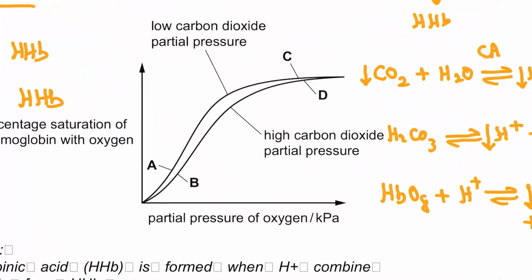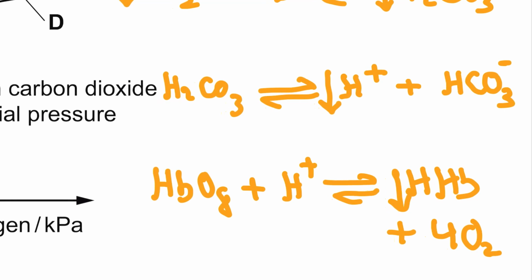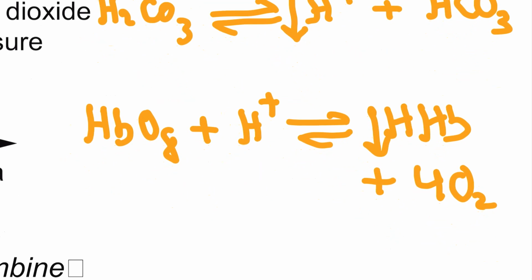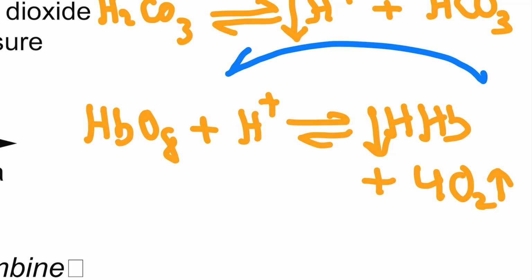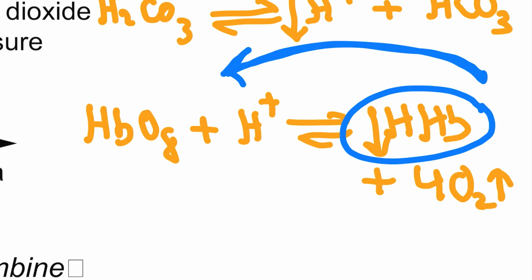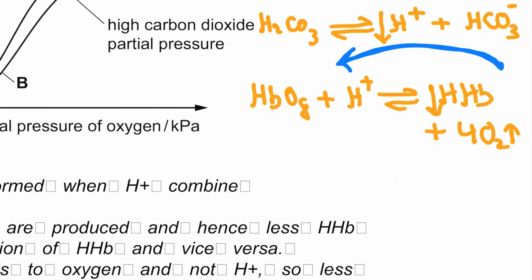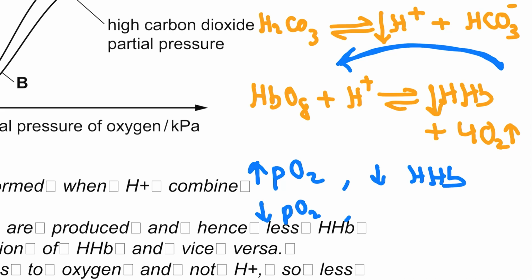Okay. If we talk about oxygen, so guys, if we have more oxygen, this reaction will shift towards the left side, and we will have less HHb. So remember this point, that if we have high partial pressure of O2, there will be less HHb, and if we have less partial pressure of oxygen, there will be more HHb.